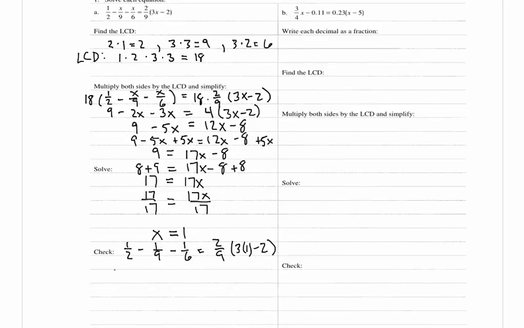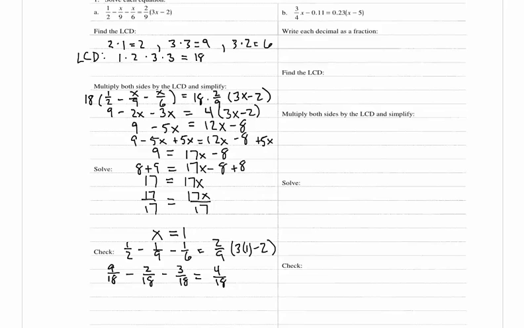So 1/2 can be written as 9 over 18, minus 1/9 can be written as 2 over 18, and 1/6 can be written as 3 over 18, is equal to 2 over 9 can be written as 4 over 18.